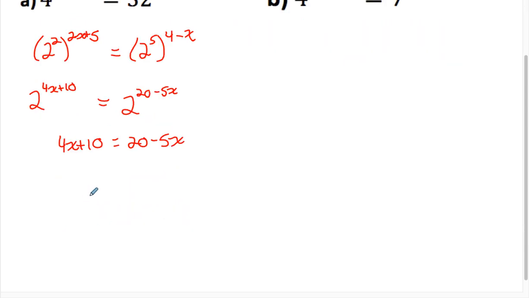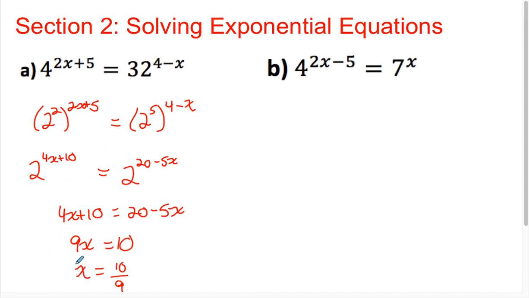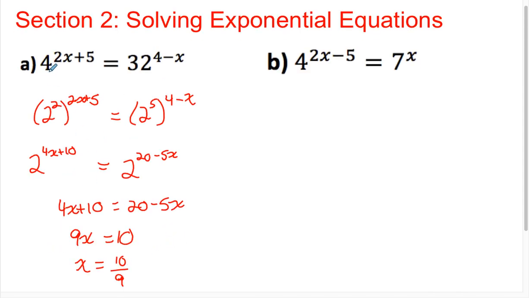From here we have a linear equation that we can solve. We'll have 9x equals 10, add the 5x over, subtract the 10, x equals 10 over 9. Whenever you are solving an equation, don't forget you can check your answer: plug 10 over 9 back into the original equation, and you have your answer.